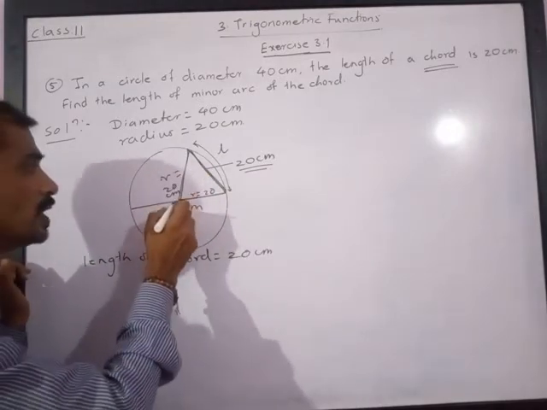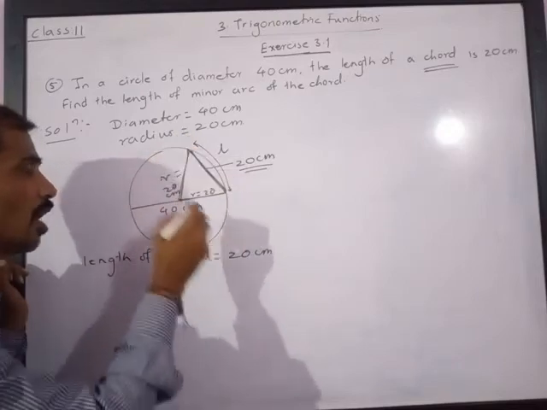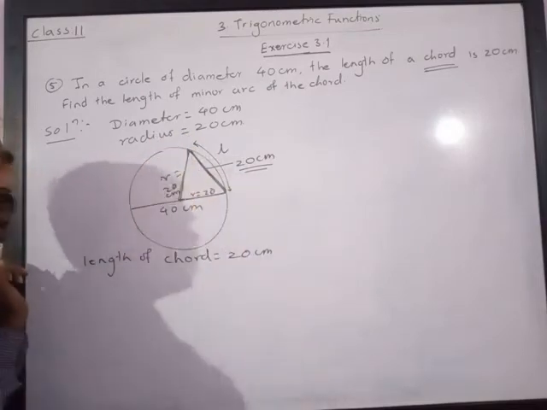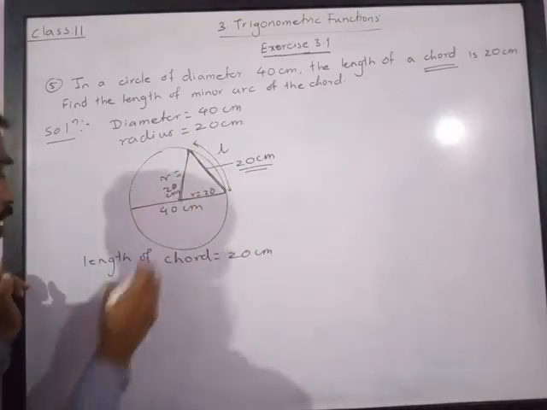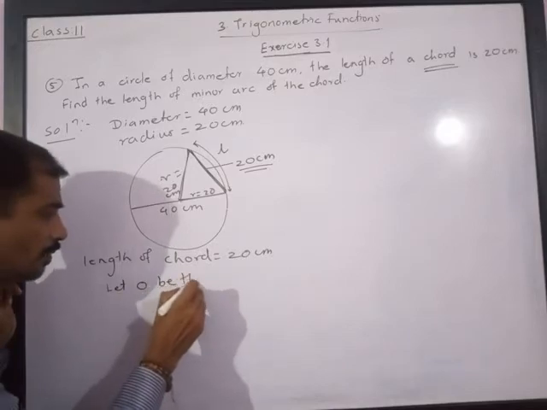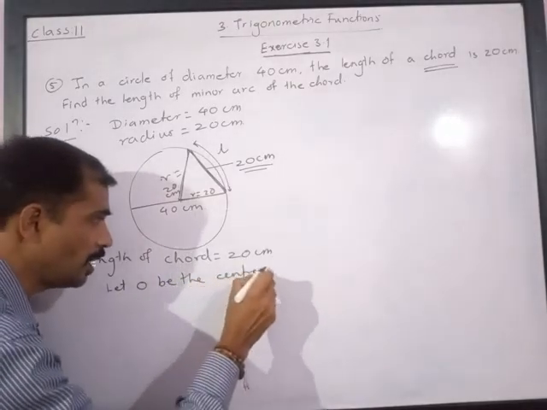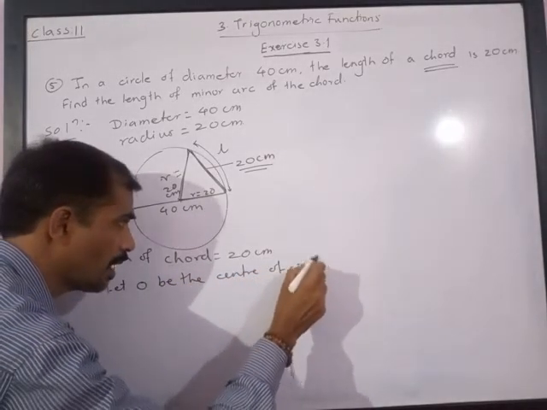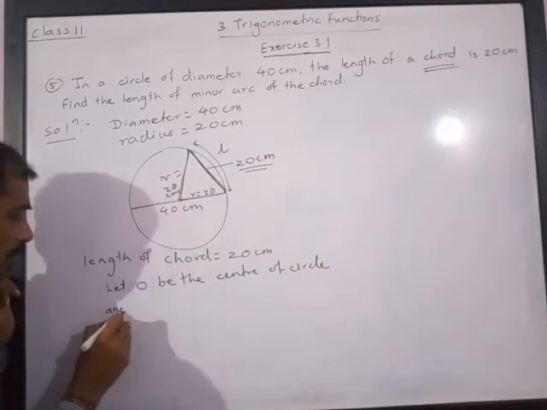So if O is the center of the circle and AB is the chord, then triangle OAB is an equilateral triangle. Let O be the center of the circle and AB be the chord.